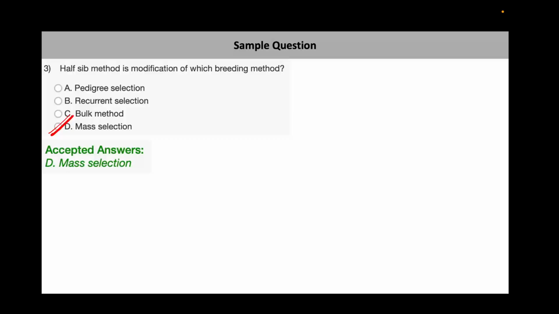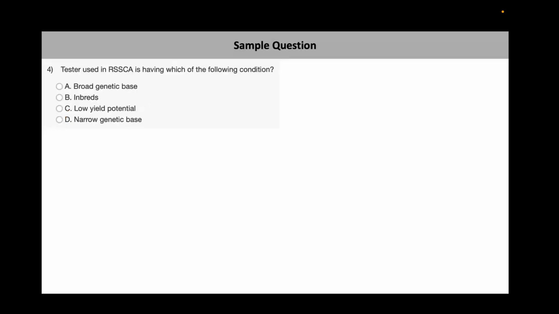Okay, let's move on to our next question. Tester used in RSSCA is having which of the following conditions? Broad genetic base, inbreds, low yield potential, and narrow genetic base.